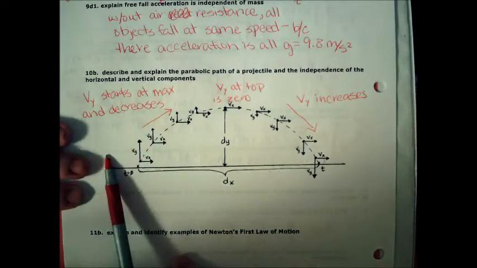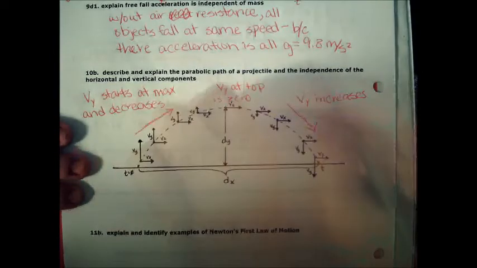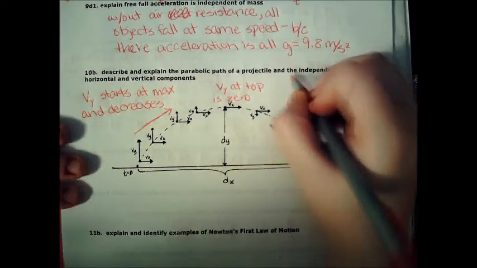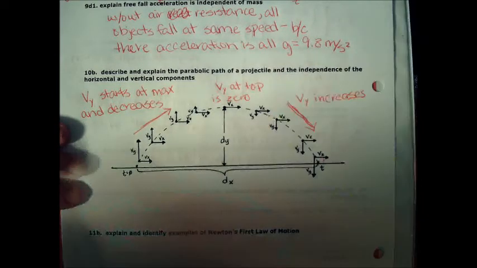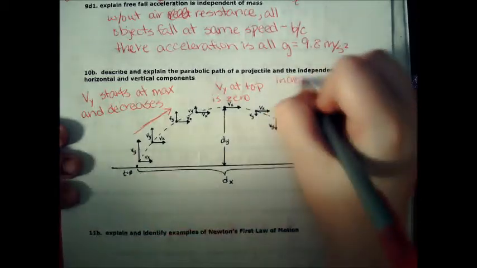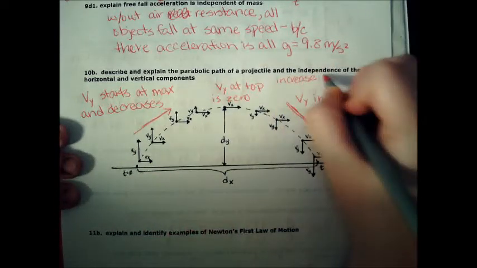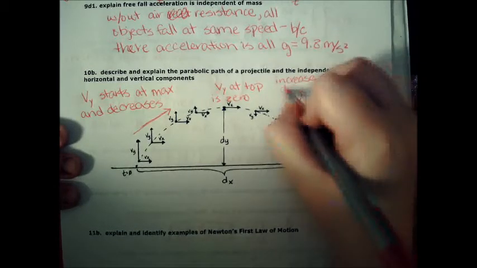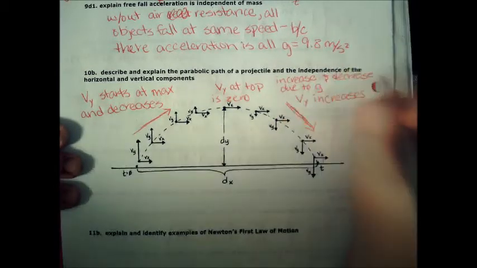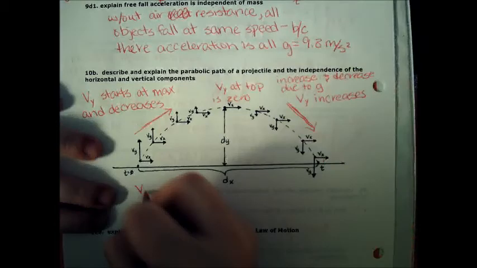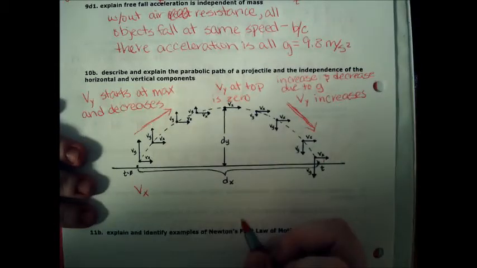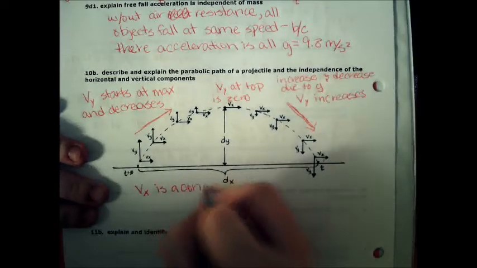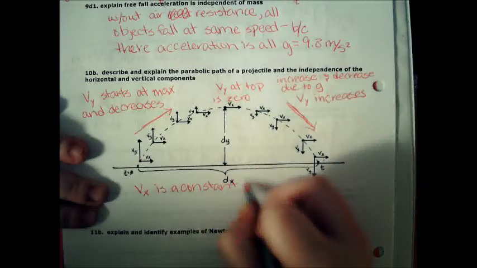Vy slowing down over here and speeding up over here are both due to the acceleration due to gravity. Let's write that: increase and decrease due to g. Vx, on the other hand, is a constant throughout.